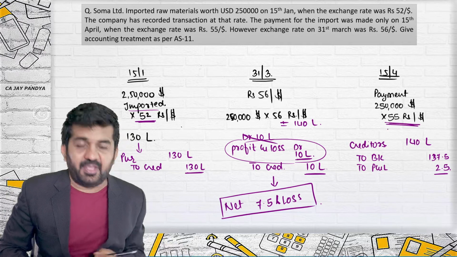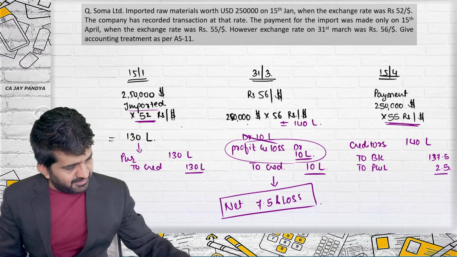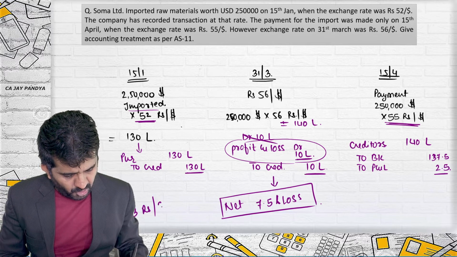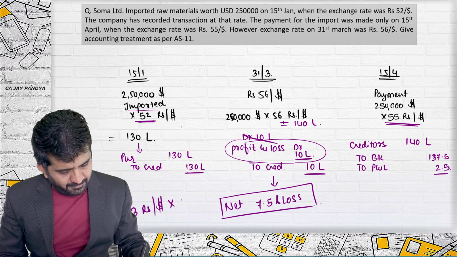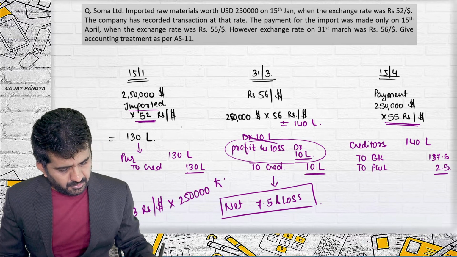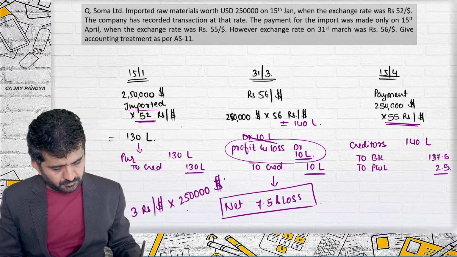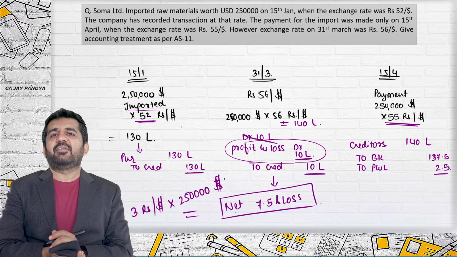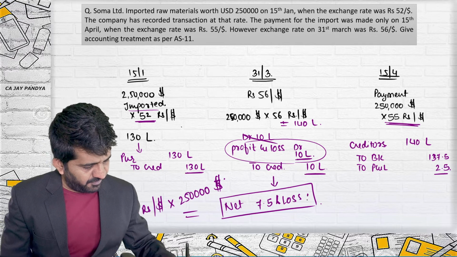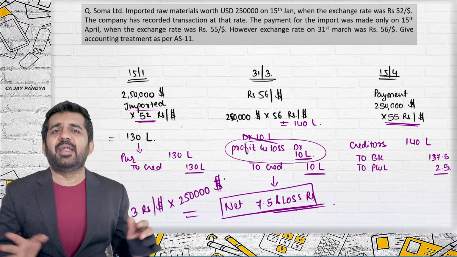Now it is 55. So there is a difference of 3 rupees per dollar multiplied by the base amount, that is $250,000. The answer will be 750,000 rupees. This will be my net loss.